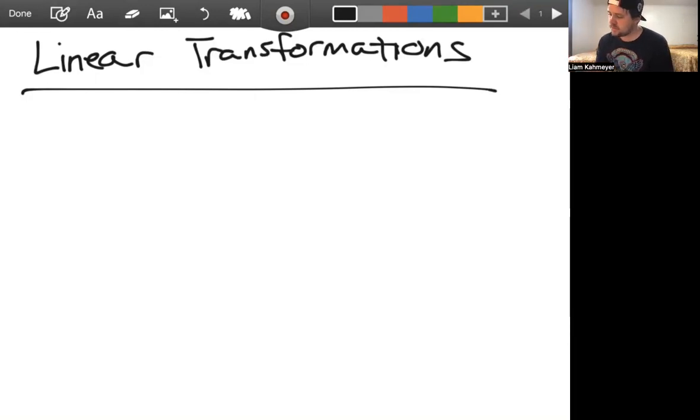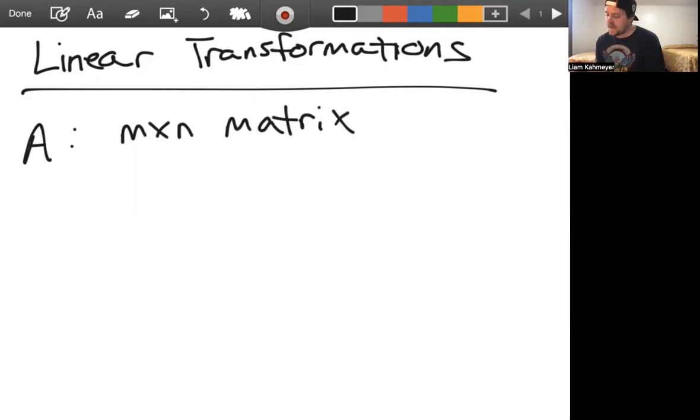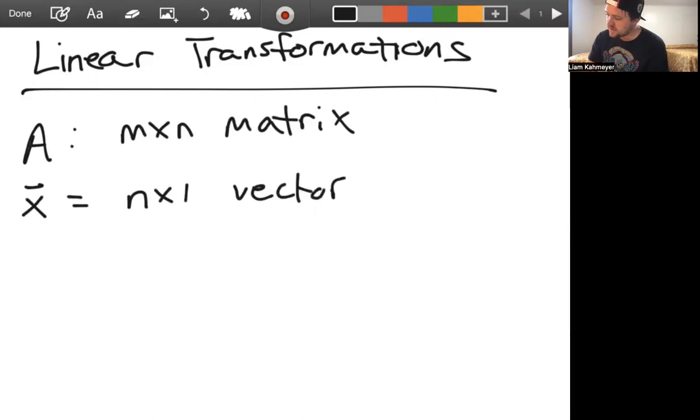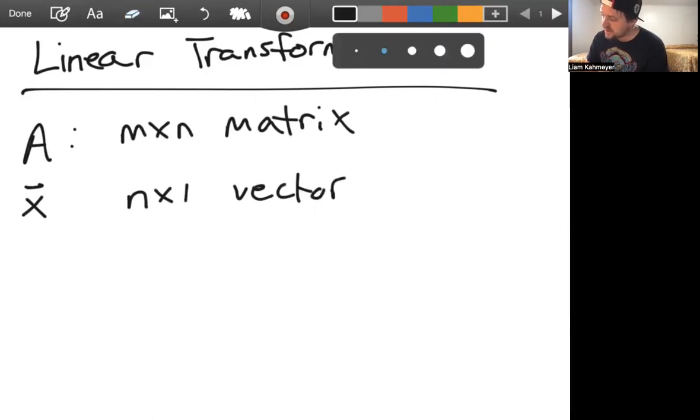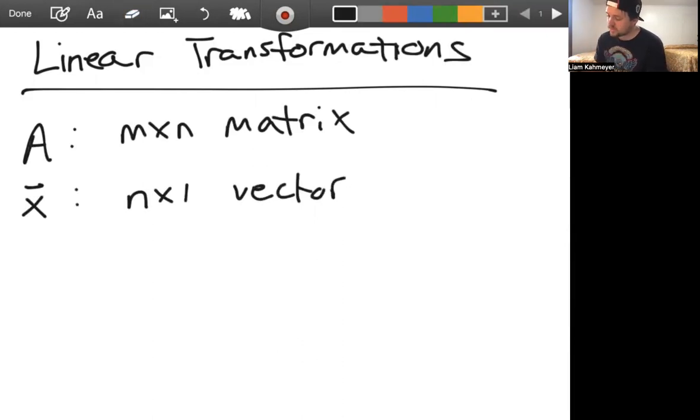So let's remember, if we have a matrix A, let's let this be an M by N matrix, and if we have X, let's let this be an N by 1 vector, then we can realize A as a function or a transformation when we multiply on the left.